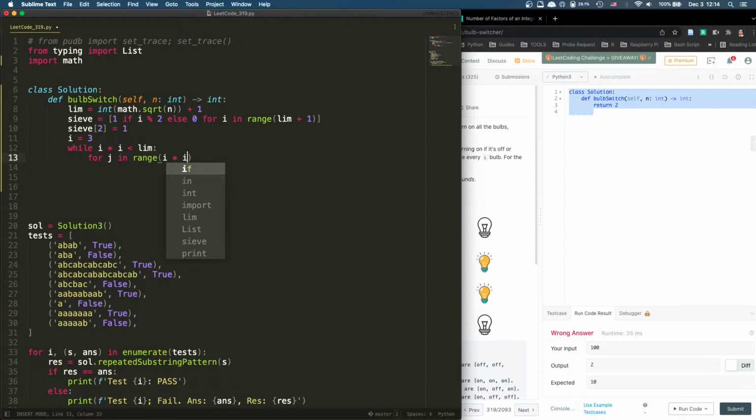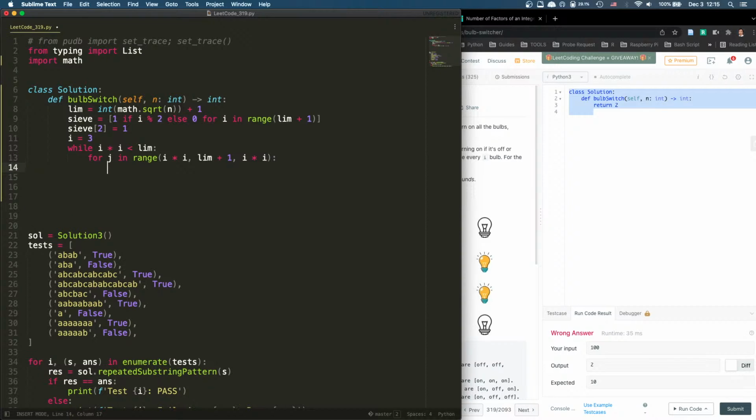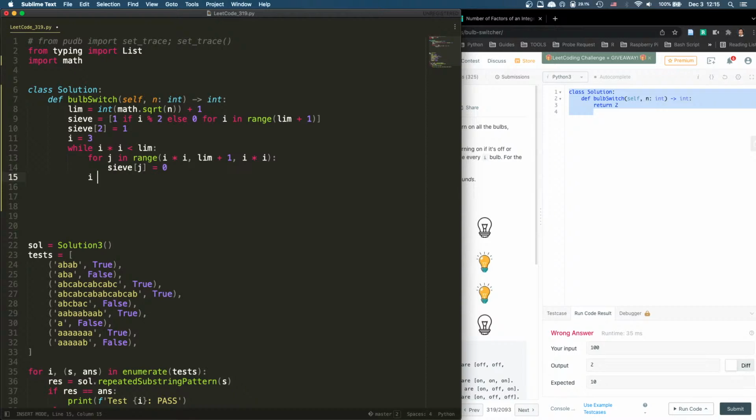So i times i all the way to lim plus 1, and the interval is going to be i times i. So for j in this, sieve j is going to be equal to 0. After we're done, i plus equal to 2.